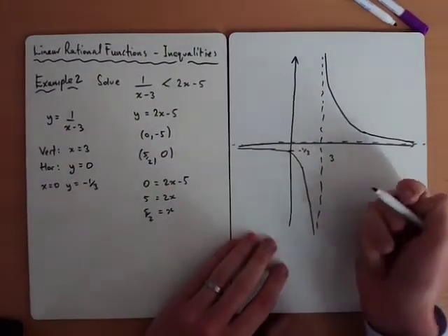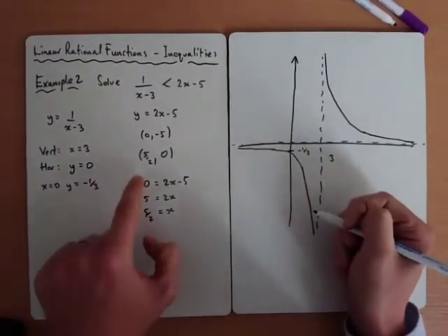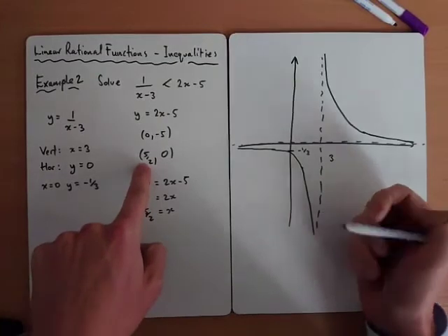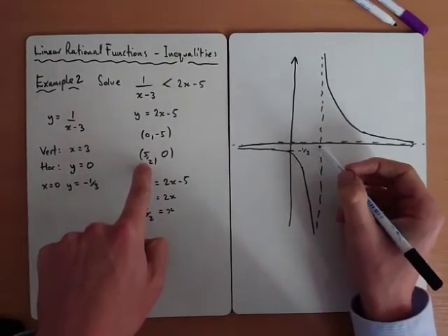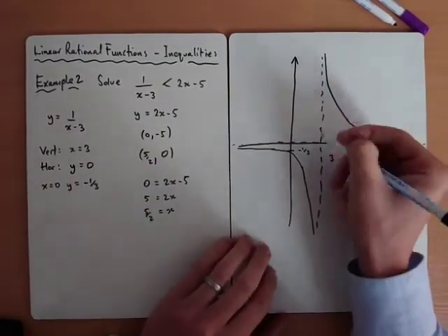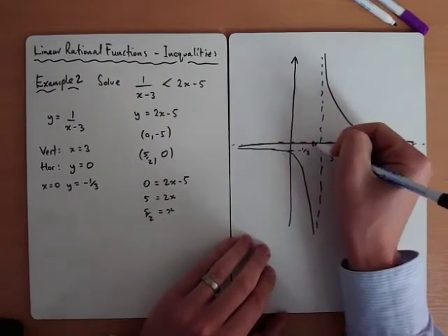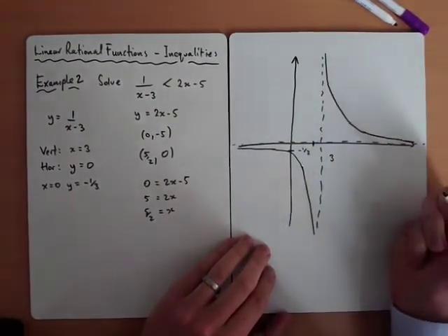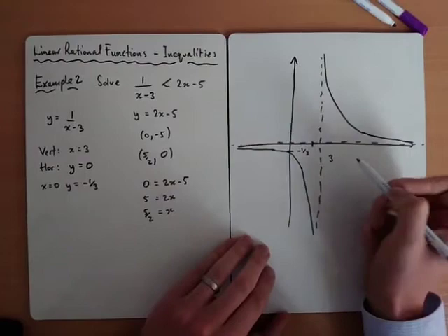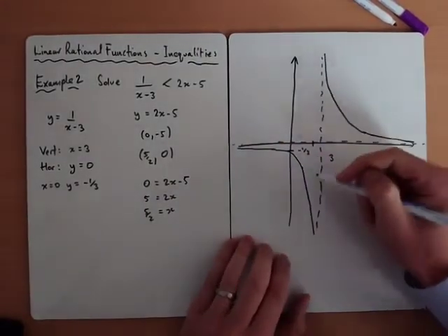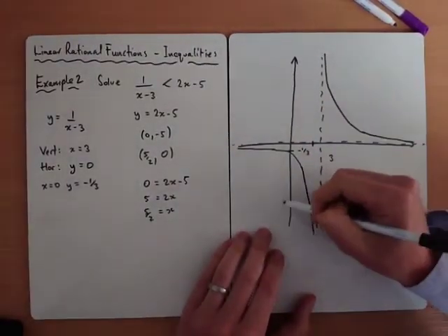Okay, so we've got 5 over 2, which is 2.5. Now I've got to be careful here, so 2.5 is a little bit less than 3. So we've got to make sure when we draw it, it goes through there before this point. And we've got a gradient of 2.